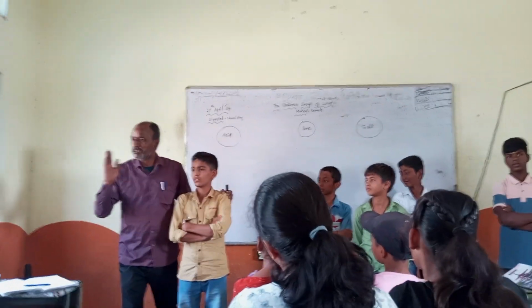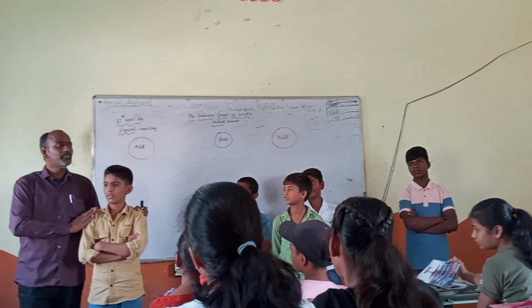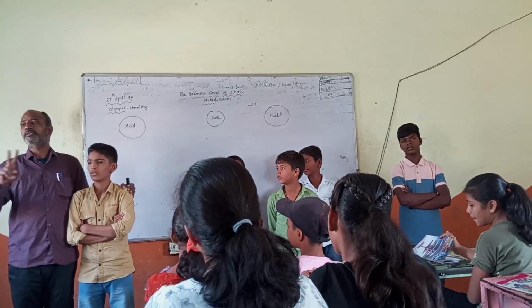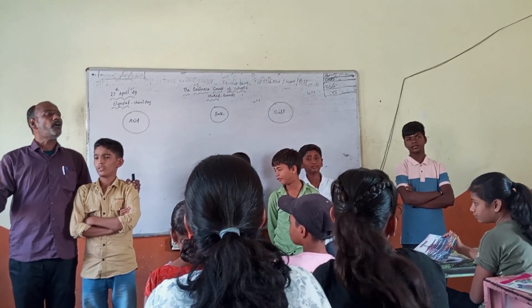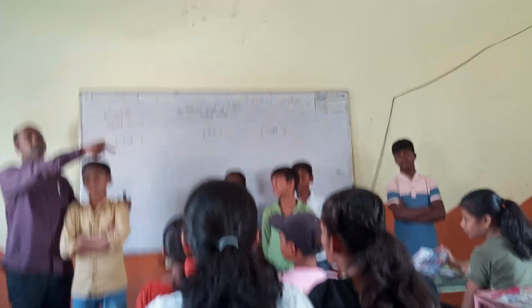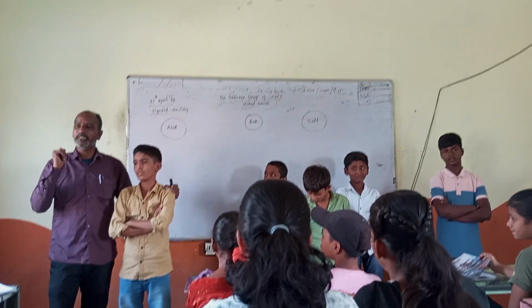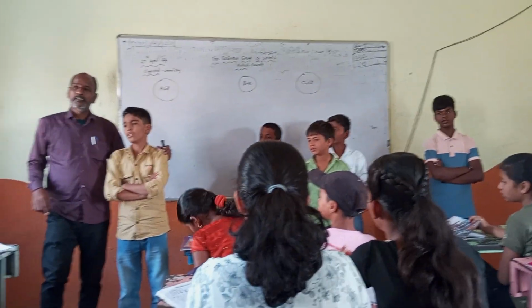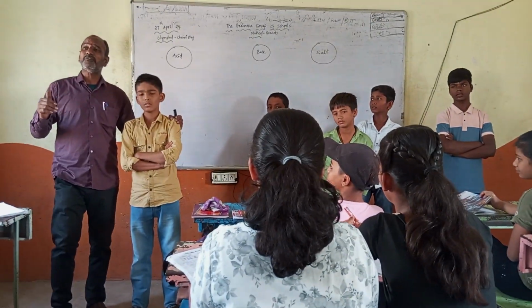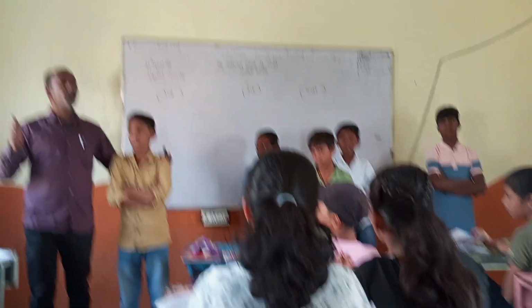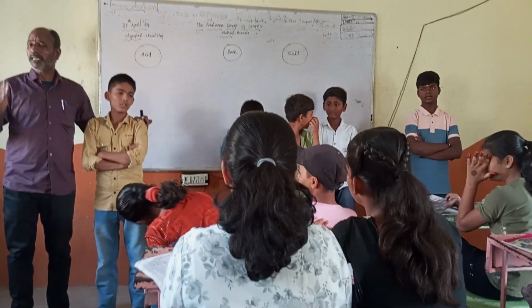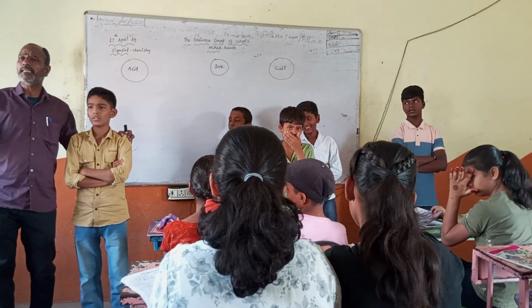On the basis of the strength of the acid, these acids are divided into two types: strong acids and weak acids. What is the definition? Strong acid means the acid whose H plus ions dissolve completely.